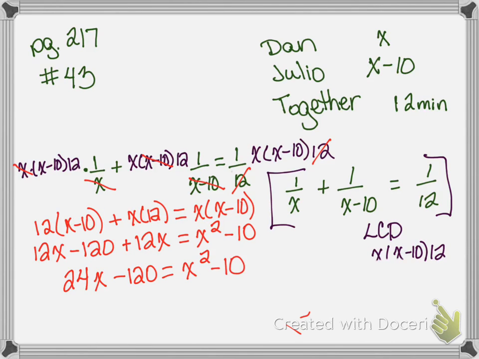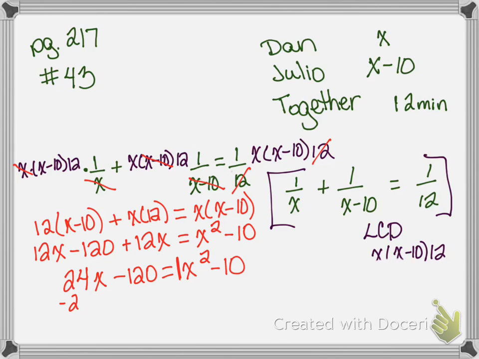minus 10. Now, I am actually going to move my 24x and my minus 120 to the right because my x squared value is already positive on the right-hand side. And I want to deal with a positive x squared value because having a positive 1 in front of that x squared makes factoring easier.